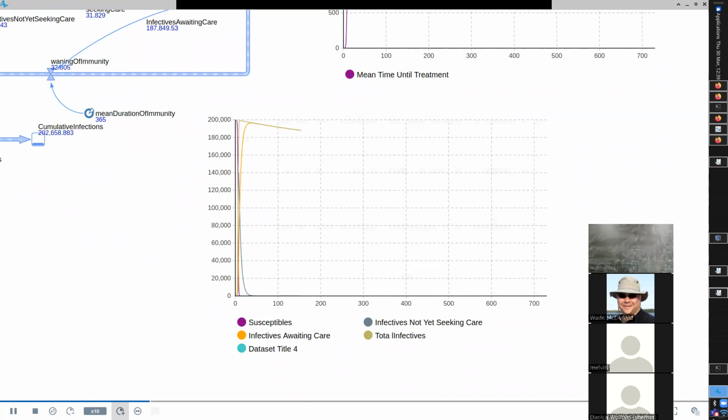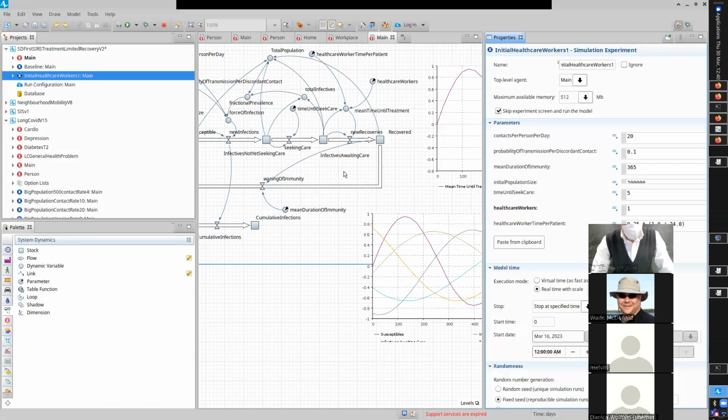This is highly dependent on the amount of healthcare workers that are available. And this is going up to a very, very high level. If we run this forward, we'll see it's actually staying at a high level.